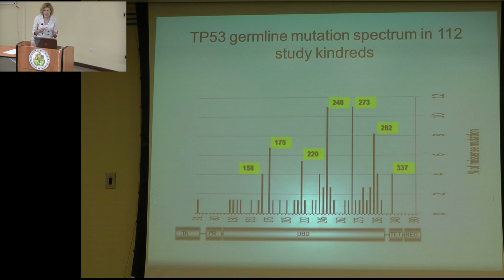So we're seeing the same pattern of mutations in the germline as in tumors. I don't think we necessarily would have predicted that, but that was the finding. This one is really a red herring. It's based on a founder mutation in Brazil and is rarely seen other than in that population.